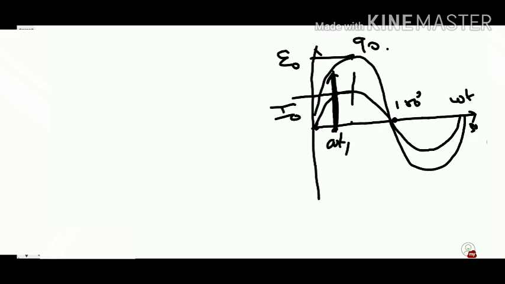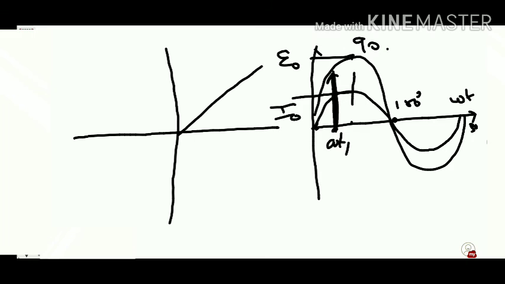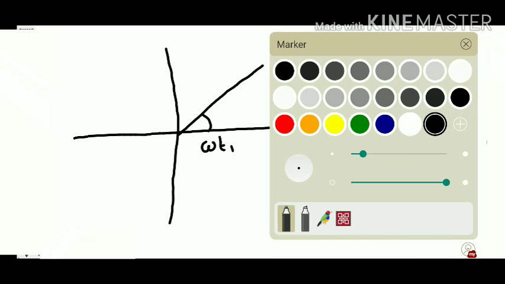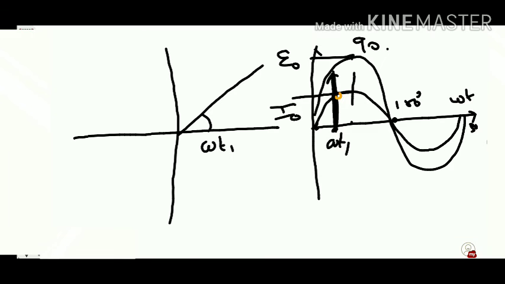For omega t1 I am going to depict a phasor, so I plot a line like this. Now for current, let's take another point, this one. This is current, I'm bringing the line here. So this point is for the vertical value of current. Now this is EMF, bring that line.